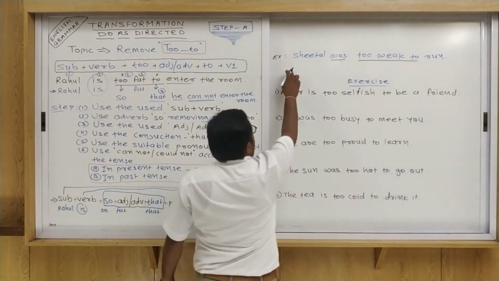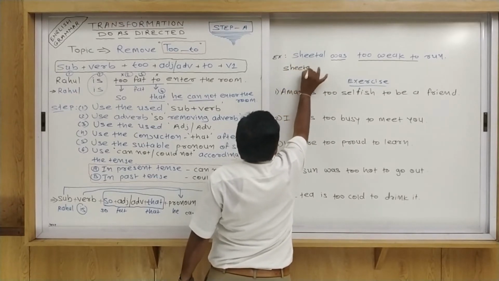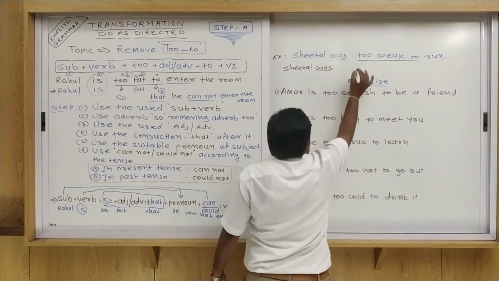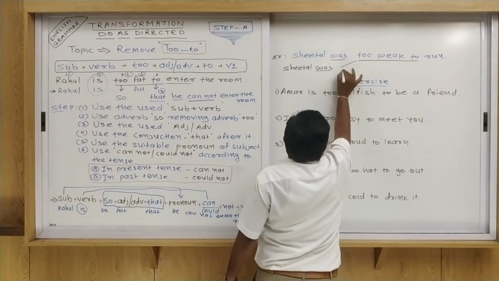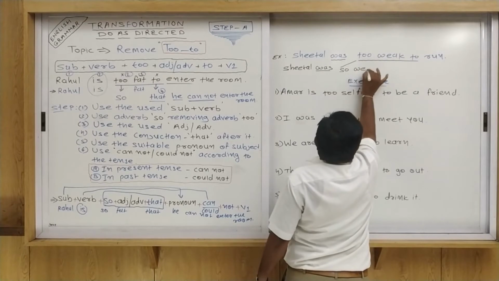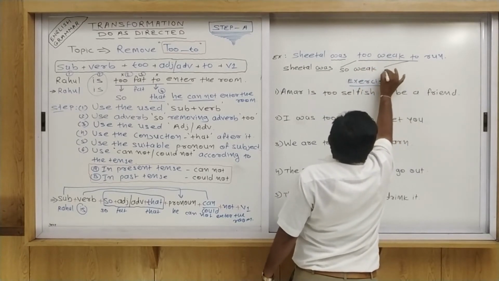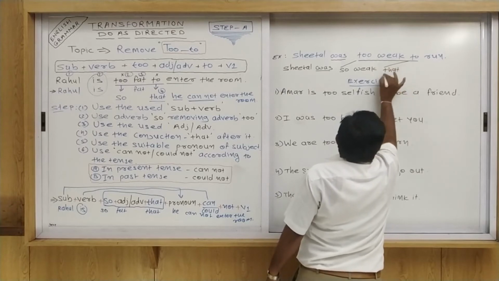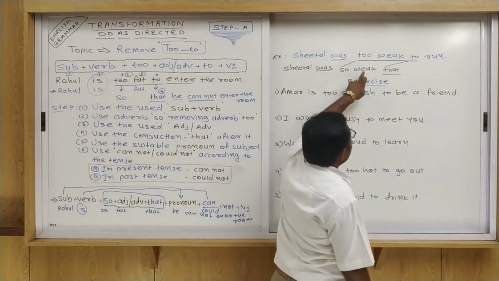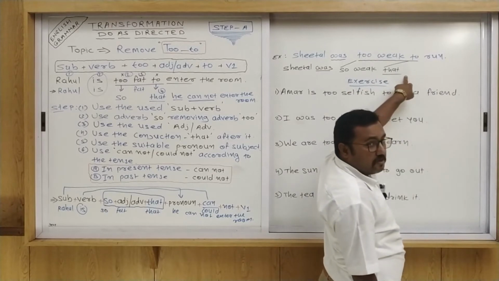So first of all, Sheetal is given here. Sheetal was, instead of 'too' we write 'so'. Sheetal was so weak. Instead of 'to' we use the conjunction 'that'. So Sheetal was so weak that. Which pronoun can we use instead of Sheetal?